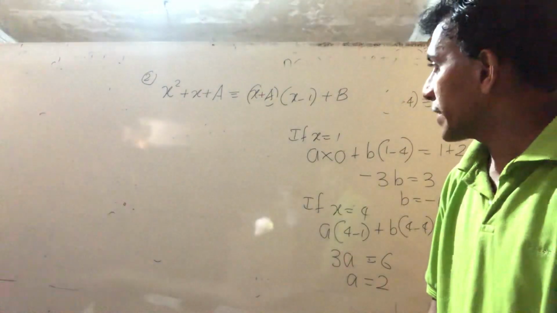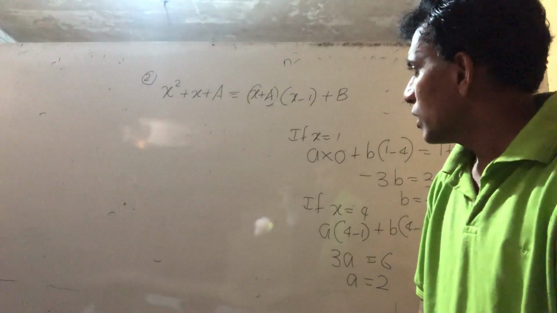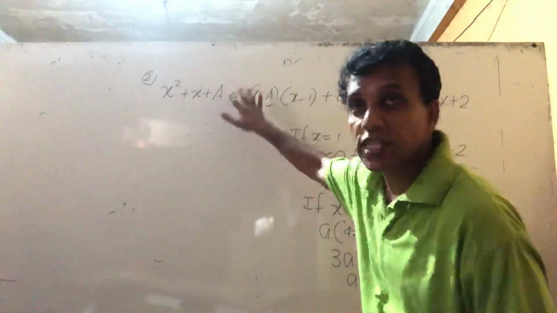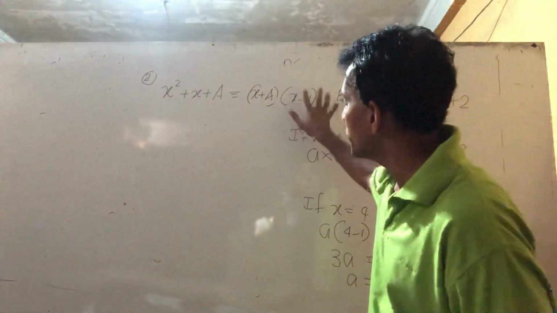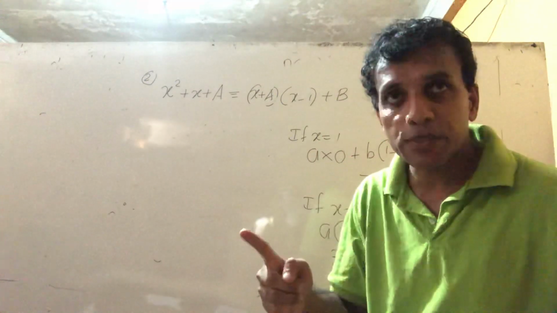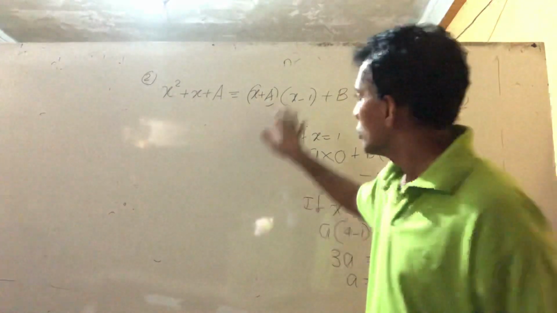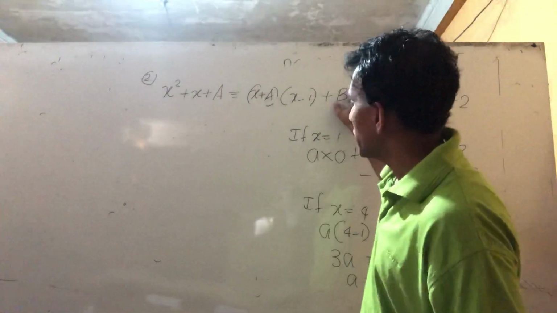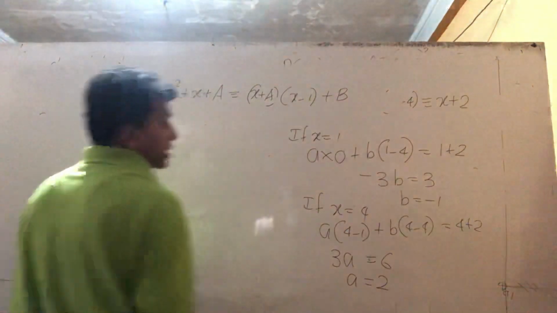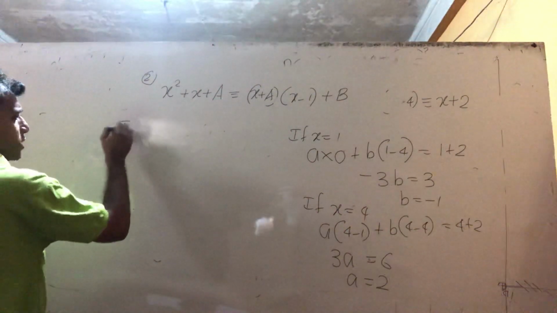Here the best method is equating. We can make this part 0 if we put x equal to 1. If you put x equal to 1, this part is 0, right? When a product has a factor that is 0, every part is 0. This is 0, but here b is there, and that a.